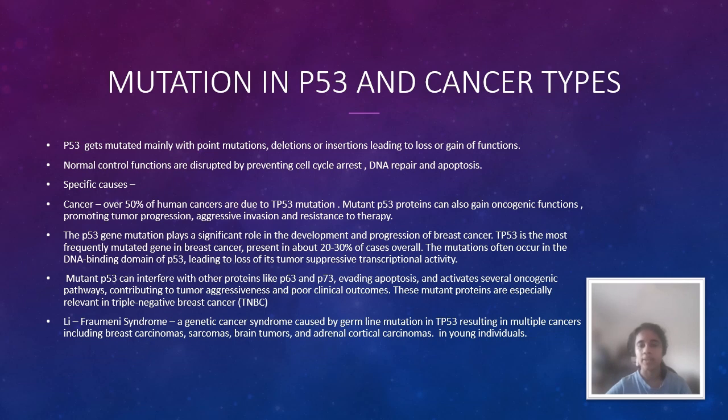You don't have one cancer, you have multiple cancers in almost every organ. These individuals develop cancers including breast cancers, sarcomas and brain tumors, primarily in young individuals. This is a very serious condition that occurs because p53 gets mutated early.